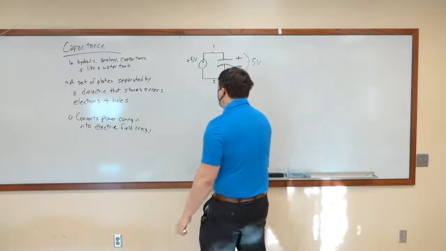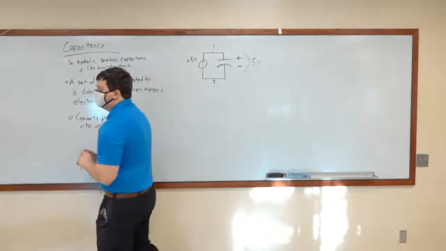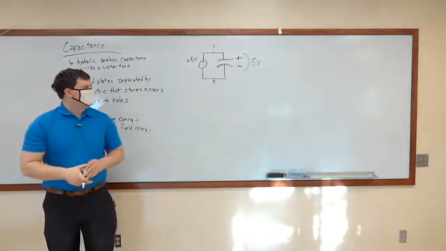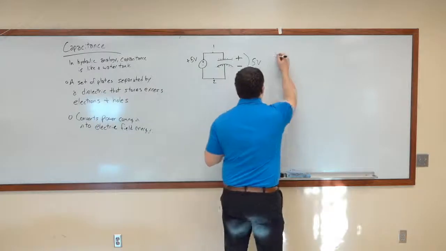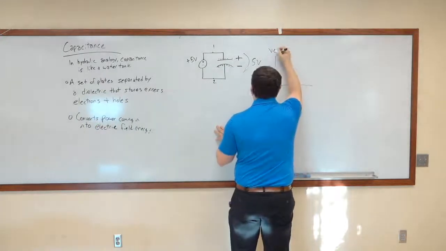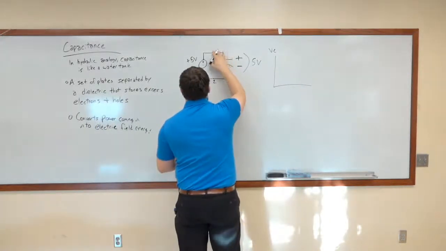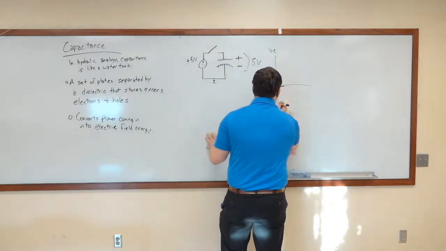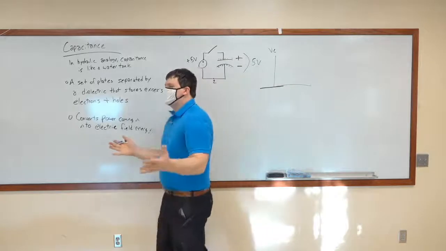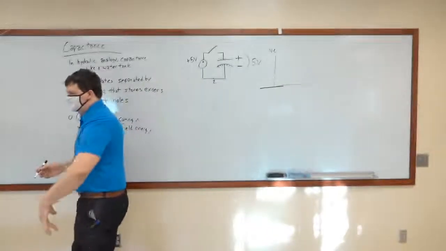Okay, so when I put up a simple circuit like this, if you're looking at the voltage in the capacitor, VC, let's say we're going to start at VC equals 0, and at time t equals 2 seconds, we're going to flip the switch.